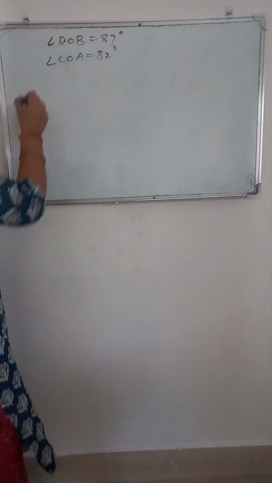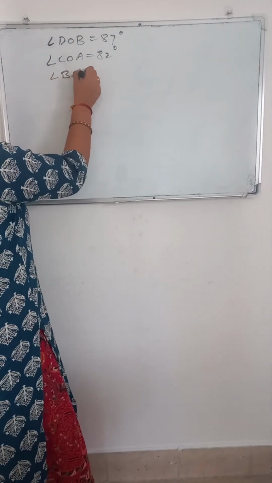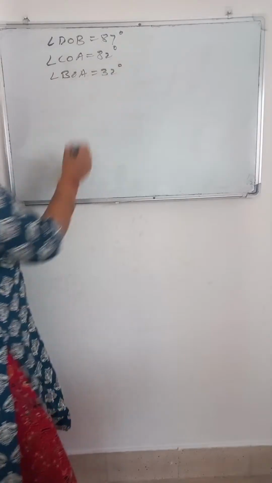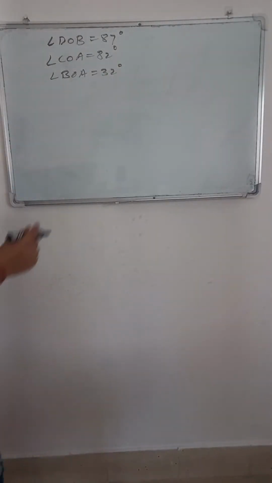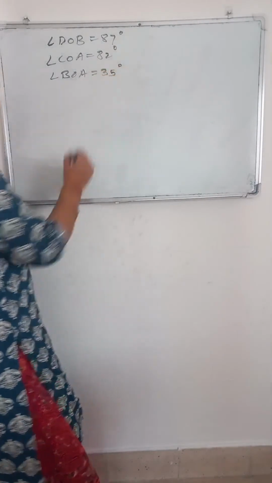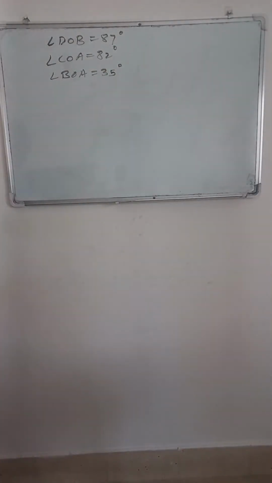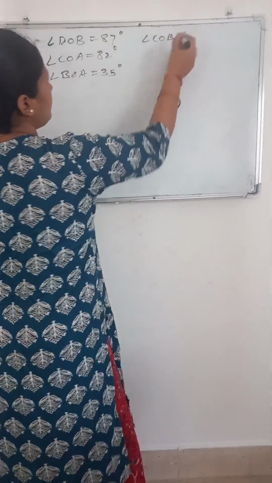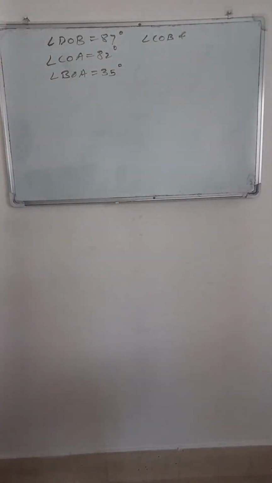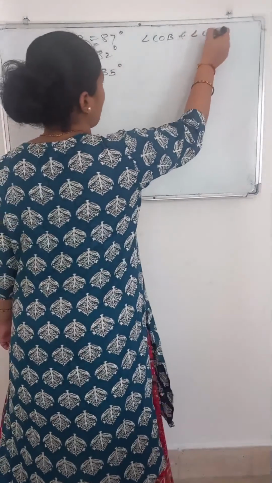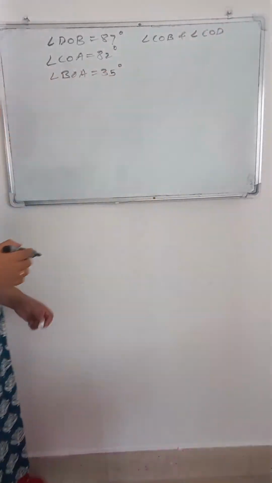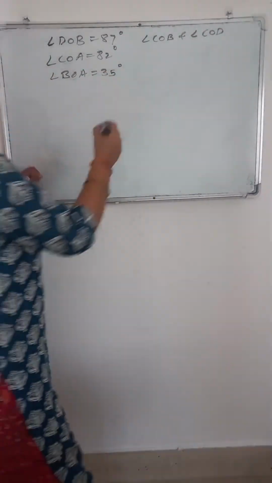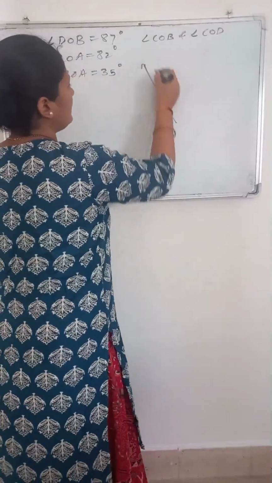If angle BOA is equal to 35 degrees, sorry, not 32, 35 degrees, then they are asking us to find the angle of COB and find the angle COD. This we have to find out. The figure is given, I will draw the figure here.